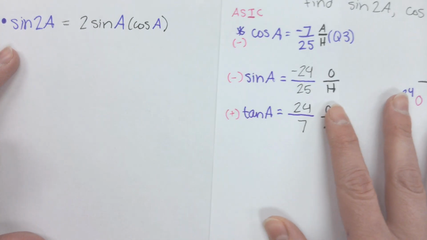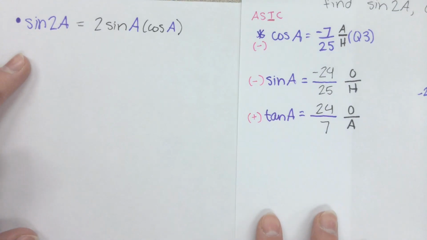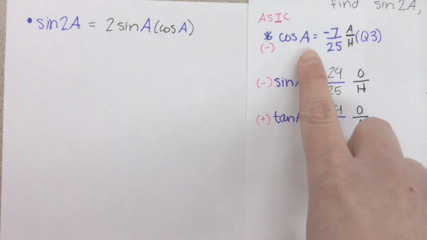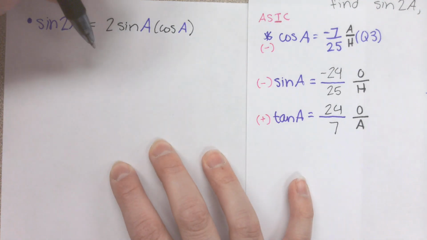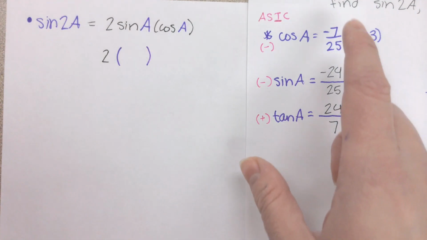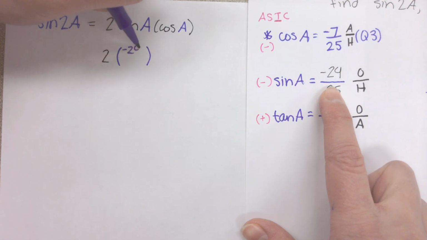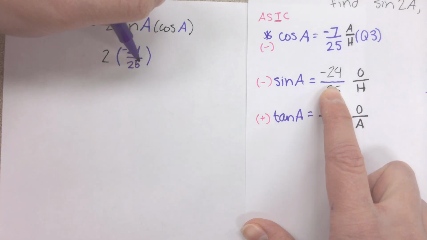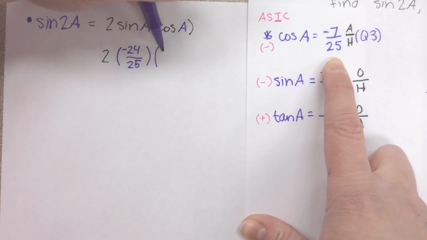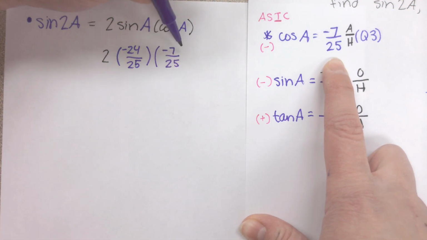From here, we substitute with the three values we are given. A lot of students overcomplicate these problems, but I already did the most complicated part of the problem. From here, you have the numbers, so don't worry about the a so much. Just use what these values are equal to. We have 2, and then sine of a is equal to negative 24 over 25, times cosine of a is negative 7 over 25.